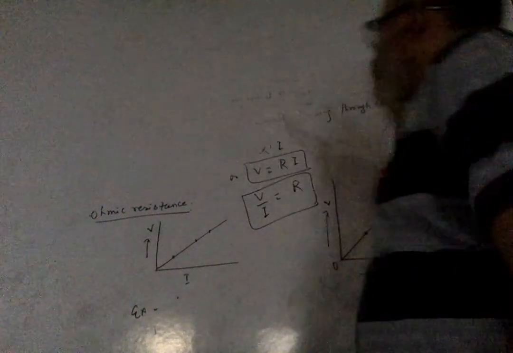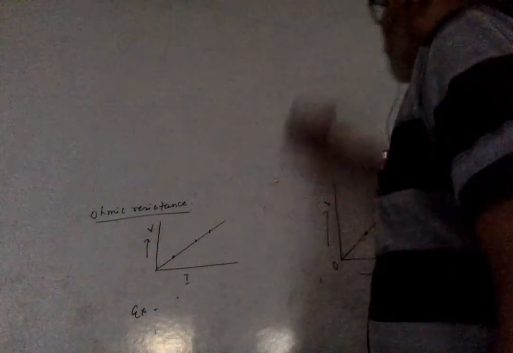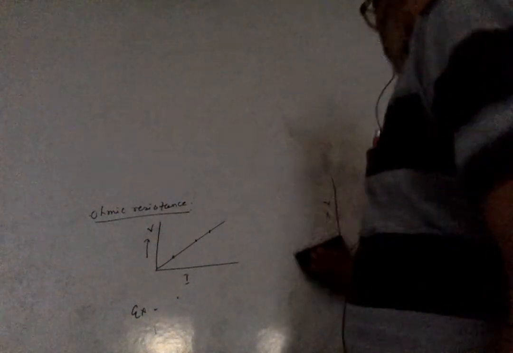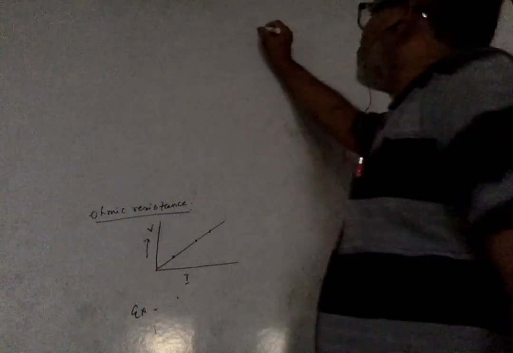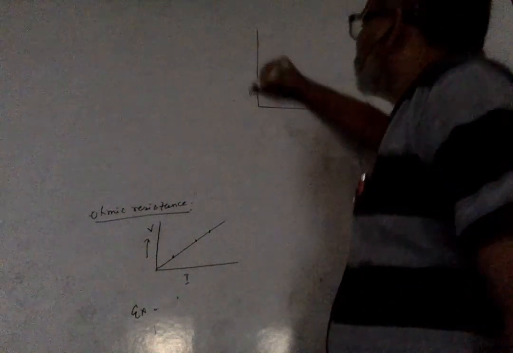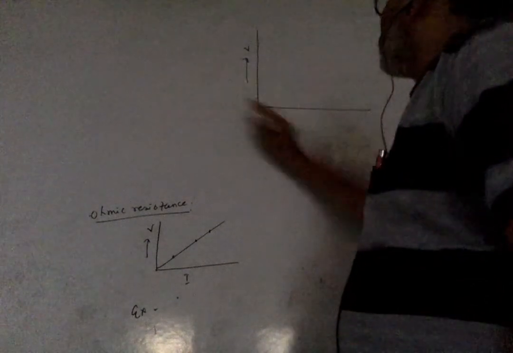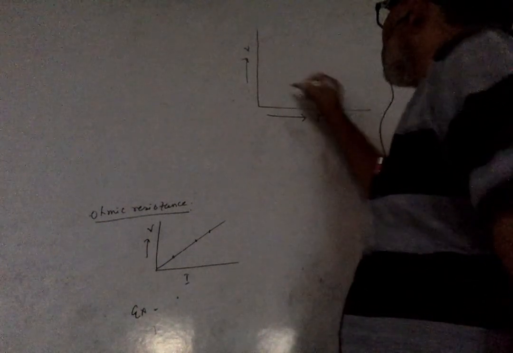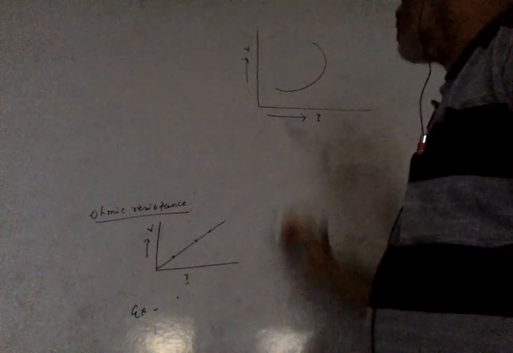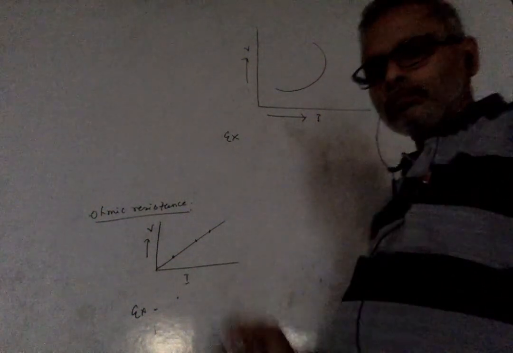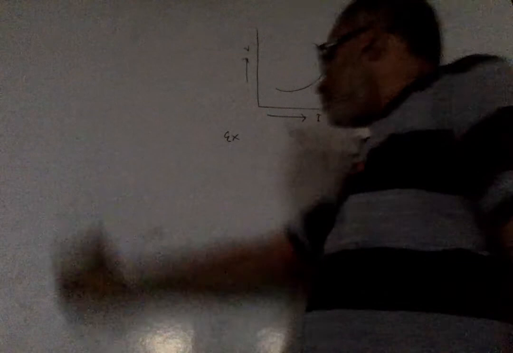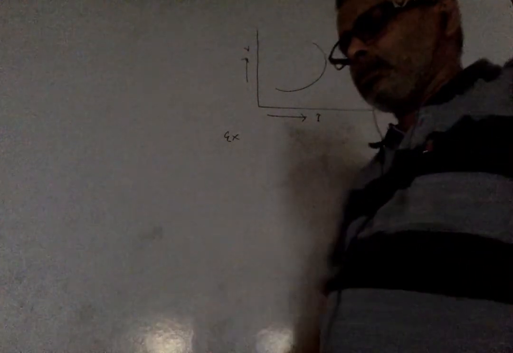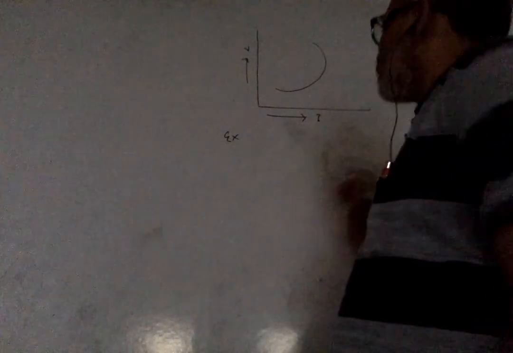Its VI graph is a curve. Examples: vacuum tube, junction transistor, junction diode, etc.